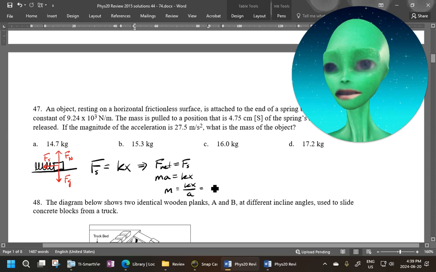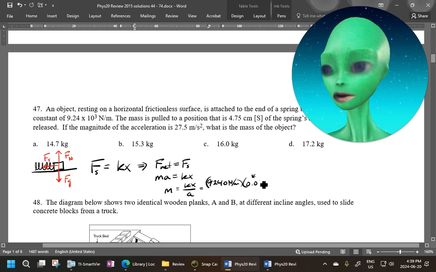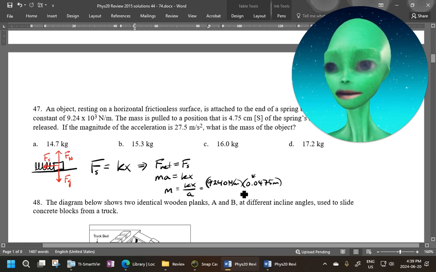Our k is in newtons per meter, so I'm going to have to change my centimeters to meters. This is going to be important here. My acceleration is in meters per second squared, I think that's right. Let's see. Yep, meters per second squared.